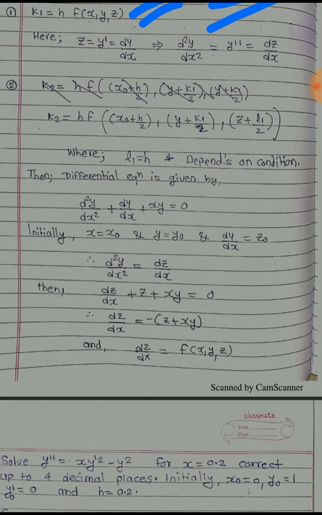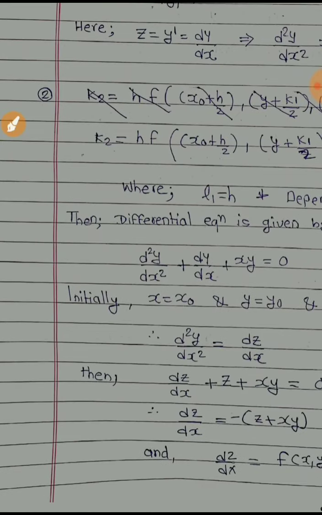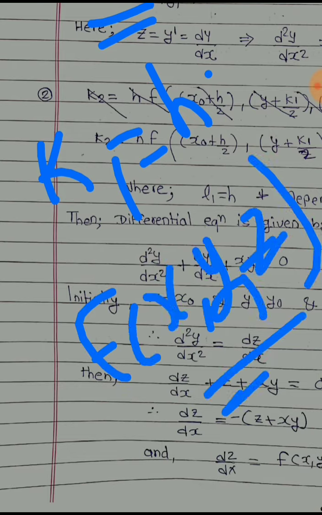The next step is to calculate values of k1, k2, k3 and k4. So k1 for this case is equals to h into f of x comma y comma z. This is the value of k1.